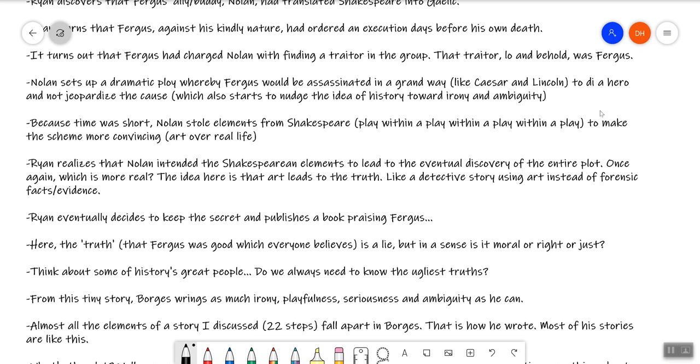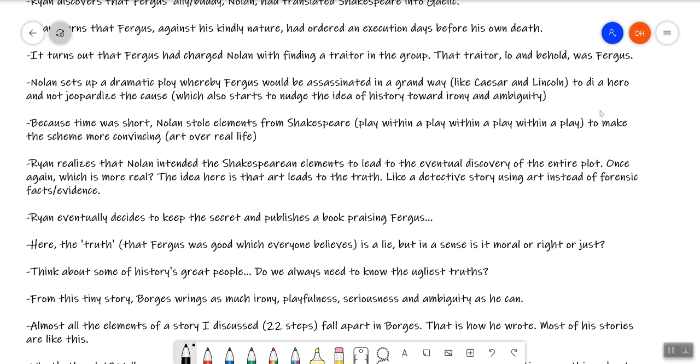Why? Because when we start to think of these events that happen in the past, we tend to think of history as more or less factual, right? But here we have a fake story within a story that is itself a fake story. Okay, so you see all these layers.